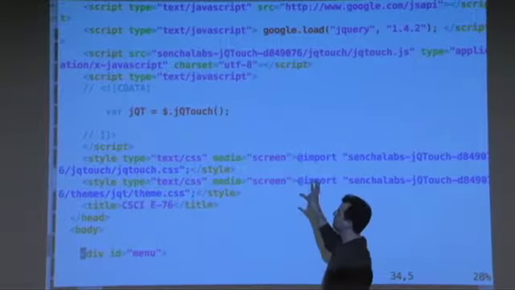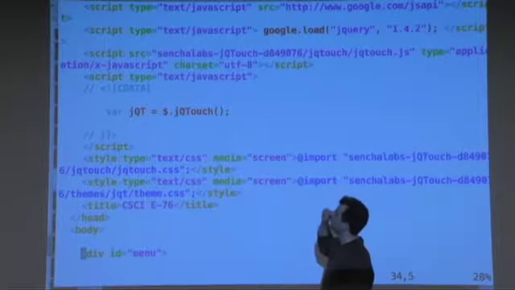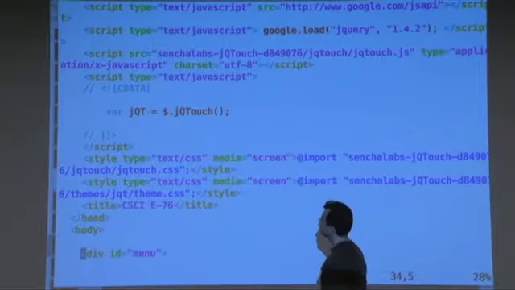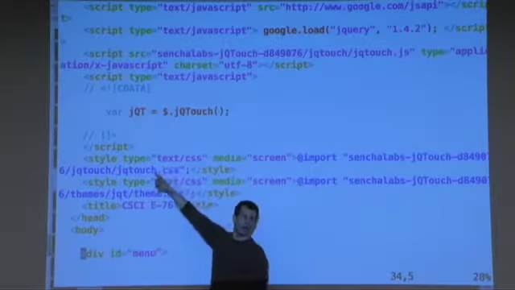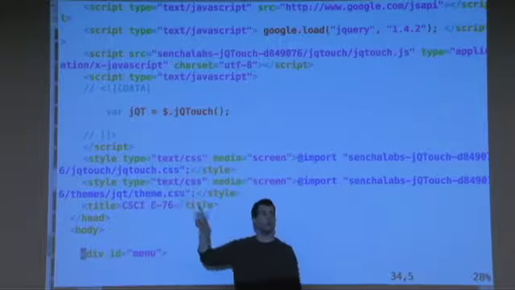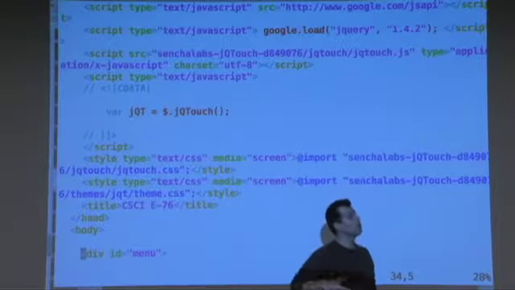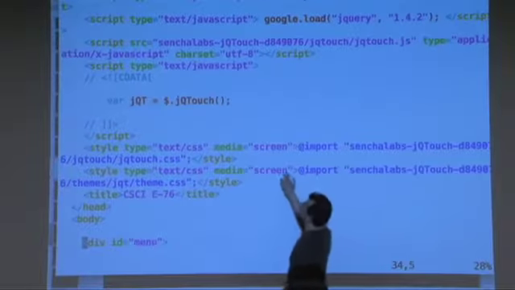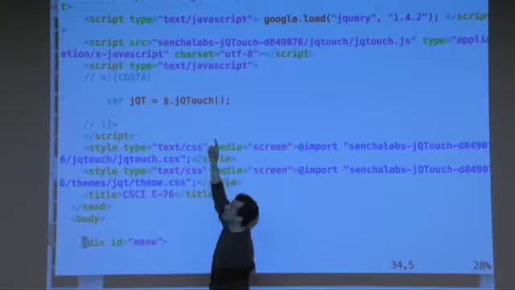But notice that in this following example that we're about to see in a browser, there's a bunch of script tags that point to a library called JQ-Touch. There's some inline JavaScript that I wrote whose syntax is actually pretty similar to jQuery, because this library also uses jQuery. That's why you'll see the similarities. And notice that it's just calling a method called JQ-Touch.